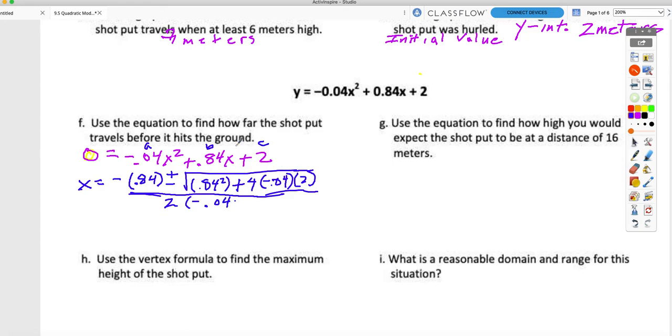All right, now if you remember using the quadratic formula, the only thing to do next is to take all of this, which is completely filled in, and run it through your calculator. Rewriting this, we know that that's now just negative 0.84. We don't have to worry about that. And we've got plus or minus. I just can't write small enough for this. That's the only issue I have.